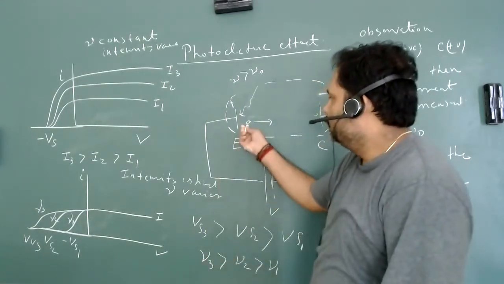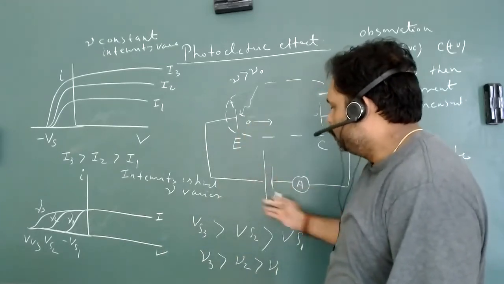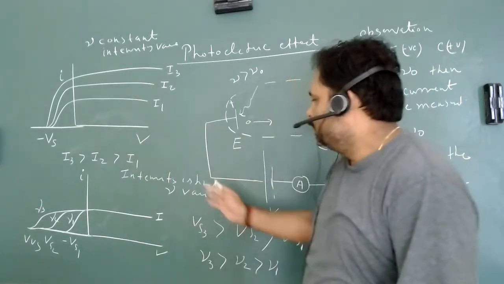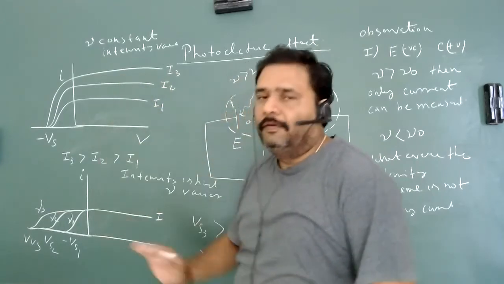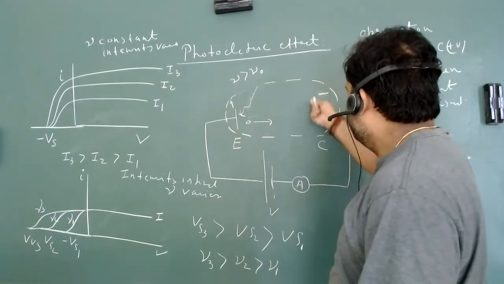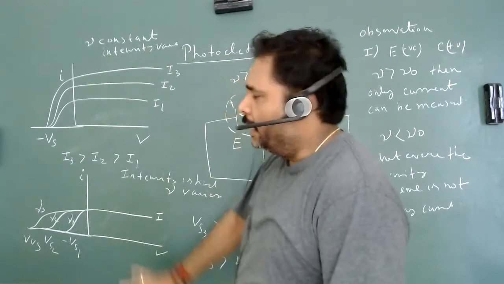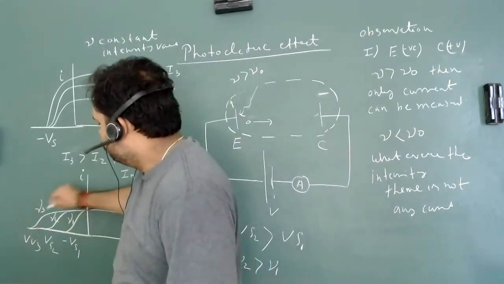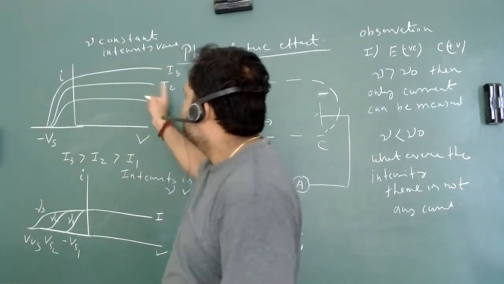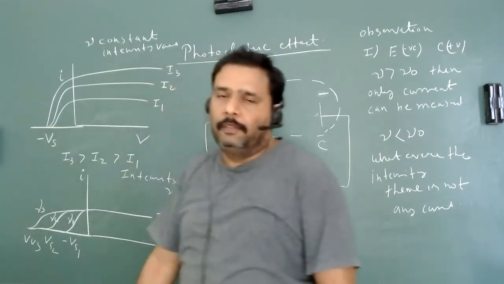The lower the frequency, the less potential we need to stop it. So we have two curves when the emitter is positively charged and the collector is negatively charged. We are concerned about this particular Vs. And if we change the intensity, we don't have any change in this Vs.